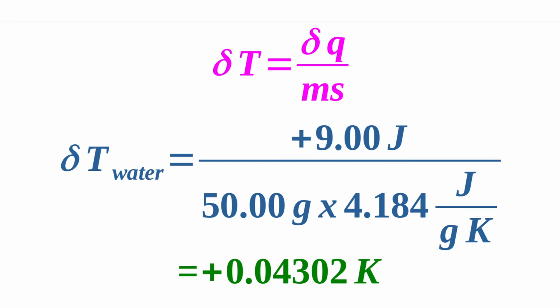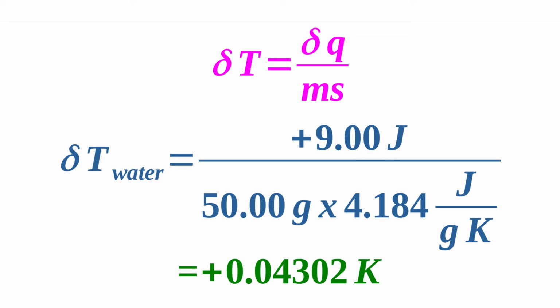Therefore, given that for water M is 50.00 gram and specific heat S is 4.184 joules per gram Kelvin, its del T is positive 0.04302 Kelvin.